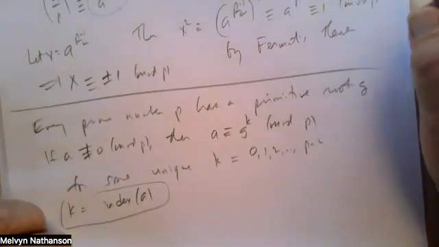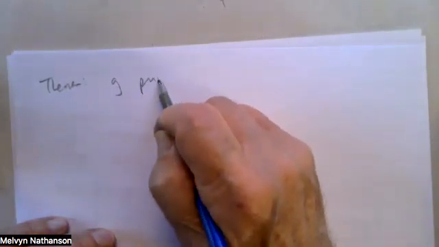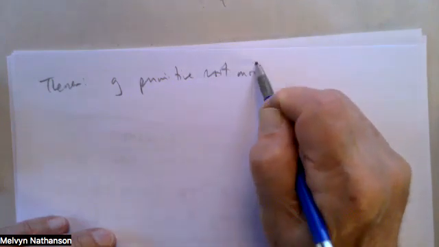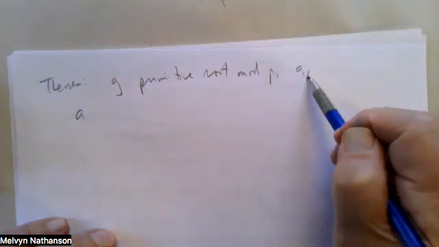And so we can actually state a nice theorem or observation. Let G be a primitive root mod P, A and P relatively prime.